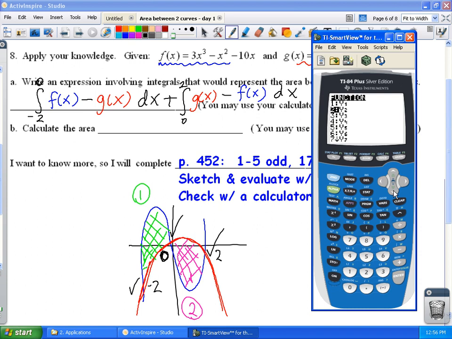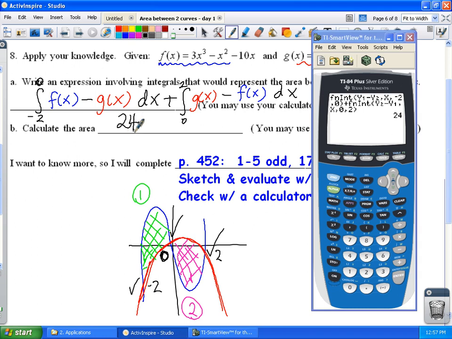This time I want y number 2 as my first curve, minus vars, y vars, y number 1 is my second curve, still comma in terms of x, from 0 to 2, close it, enter, and we see that the area that is enclosed between the two regions is 24. Got it straight off my calculator.